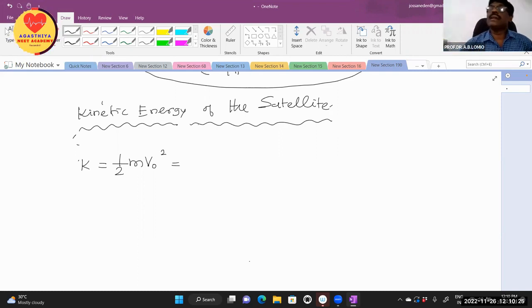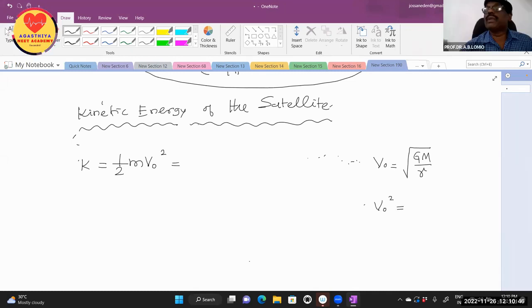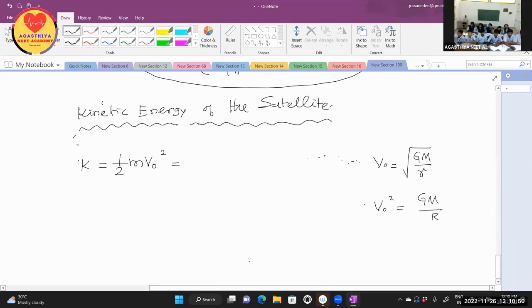Here v is the orbital velocity of the satellite. We know the orbital velocity. What is the orbital velocity formula? Root of GM by r. Therefore, v naught squared is GM by r.